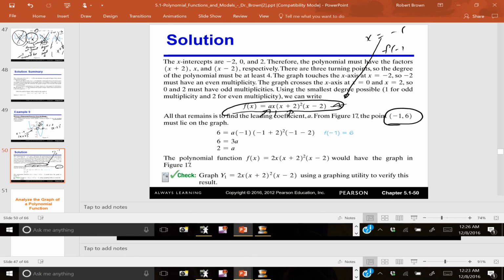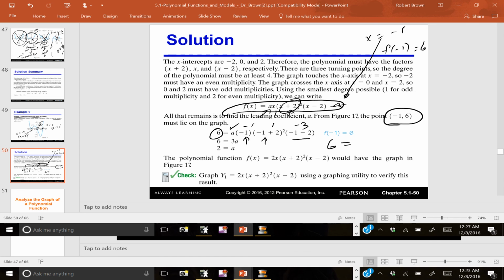So f of minus 1 equals 6. So we put 6 equal a, minus 1 where the x goes, that's minus 1 plus 2 squared, and then minus 1 minus 2, and you end up with 6 equals a times minus 1 times plus 1 times minus 3.